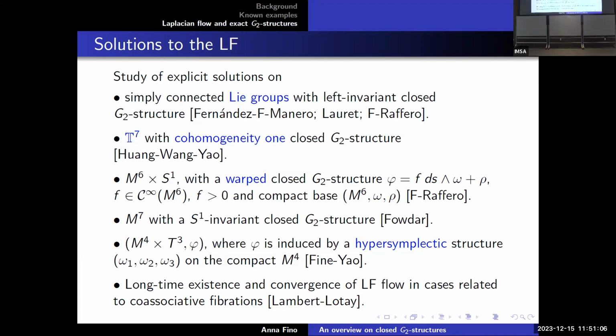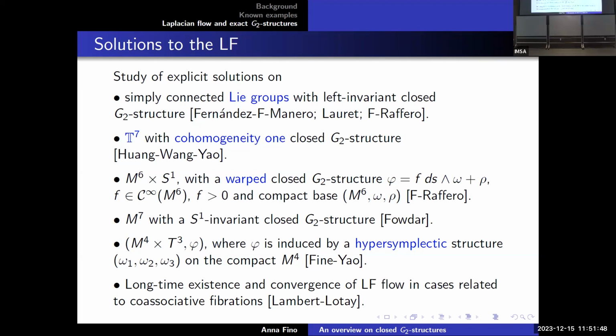And the nice result in dimension 4 is by Fine and Yao, where they start with a special type of closed G2 structure on the product of a 4-manifold times T^3, and phi is essentially the natural one induced by a hypersymplectic structure. It is not clear if you can have a 4-manifold which has a hypersymplectic structure and no hyperkähler structure. There is an open conjecture about that.